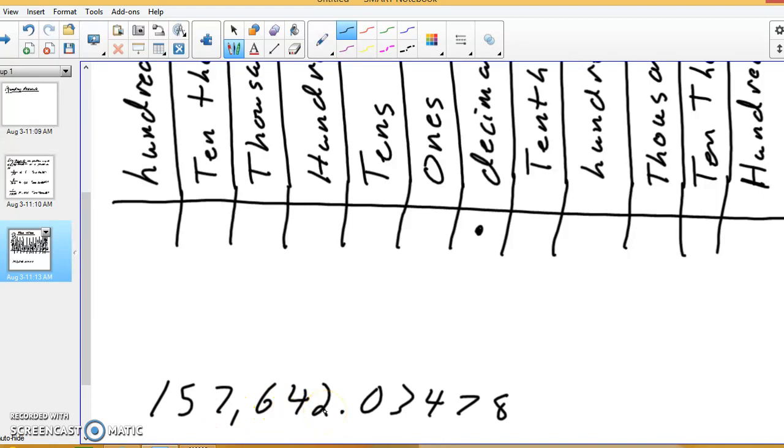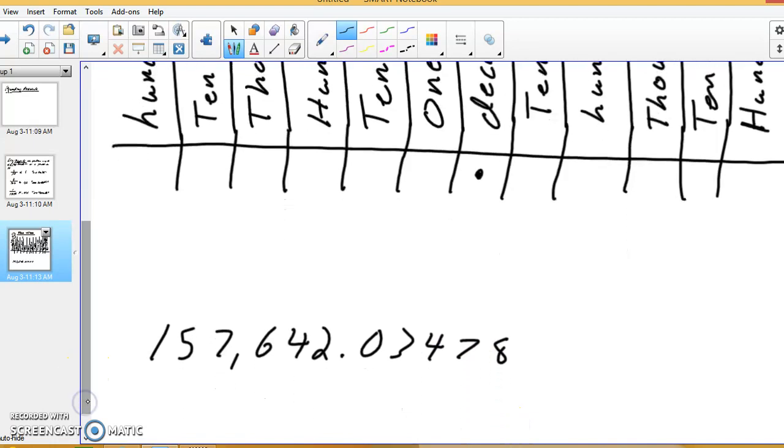So ignoring all the decimals, this number would be read as 157,642. But now let's go to the right of the decimal and talk about the place values to the right. Well, in the 10th digit we have a 0. In the 100th digit we have a 3. In the 1,000th we have a 4. In the 10,000th we have a 7. And the 100,000th we have an 8.